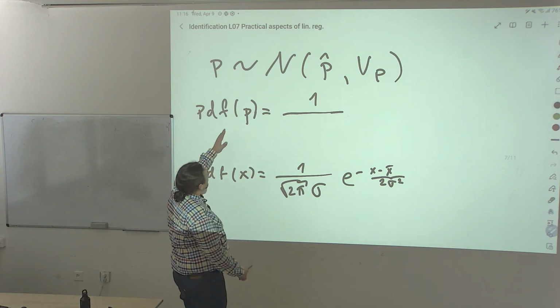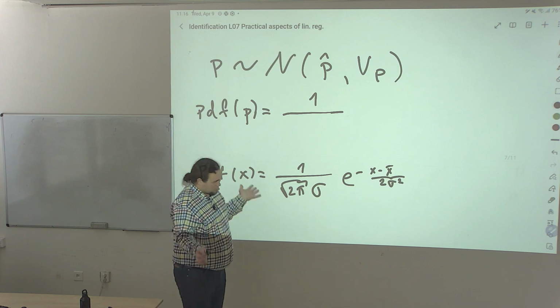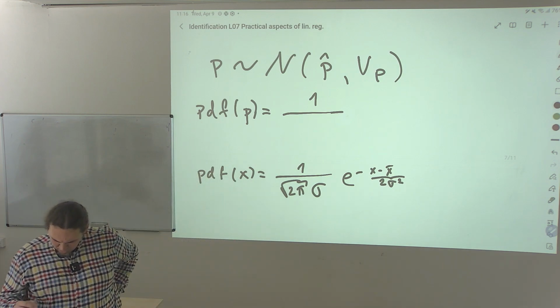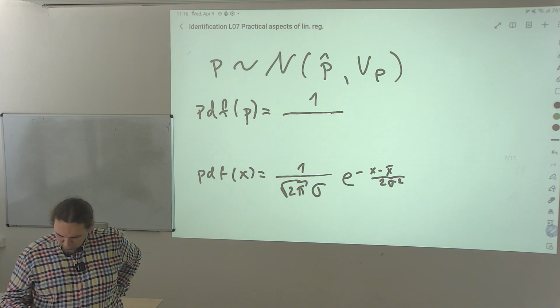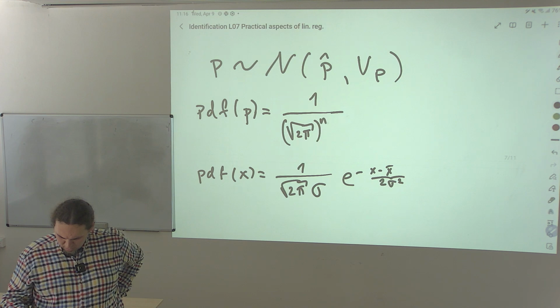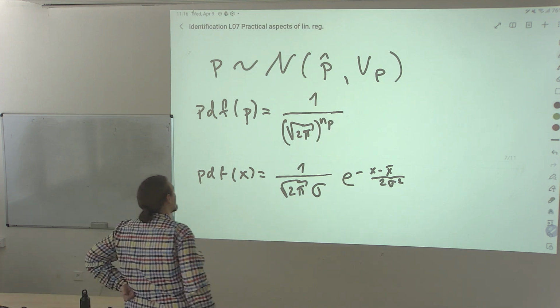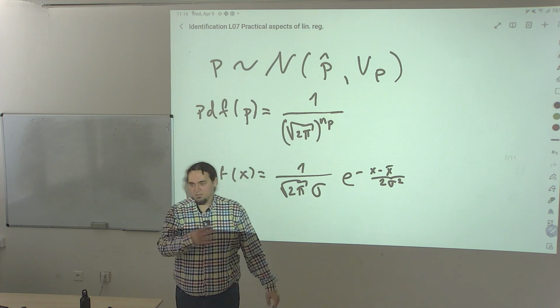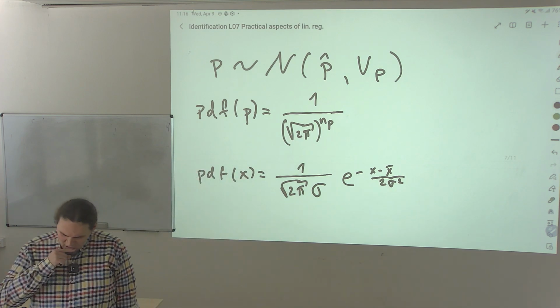This multidimensional variant will be very similar. We just need to take care of a few things. One thing is that our 2 pi now has an exponent, and that's the normalization constant in several variables.